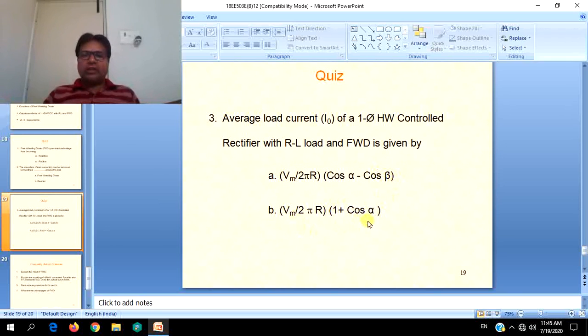With the freewheeling diode, the effect of this beta will be nullified. Current will be flowing and voltage will be applied from alpha to pi only, that is only during the positive half cycle. So the equation becomes only Vm by 2 pi R into 1 plus cos alpha.